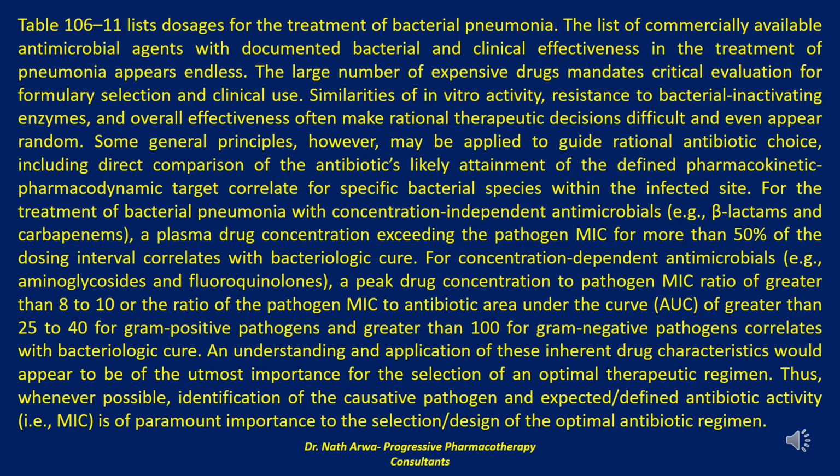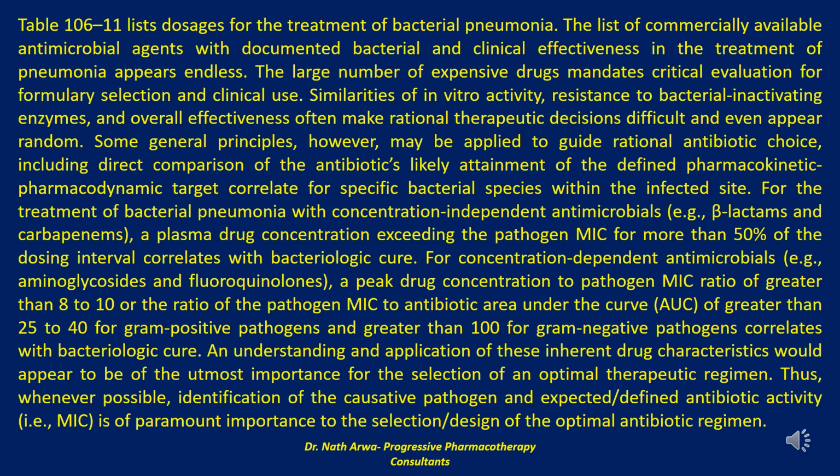Similarities of in vitro activity, resistance to bacterial inactivating enzymes, and overall effectiveness often make rational therapeutic decisions difficult and even appear random. Some general principles, however, may be applied to guide rational antibiotic choice, including direct comparison of the antibiotic's likely attainment of the defined pharmacokinetic pharmacodynamic target correlate for specific bacterial species within the infected site.